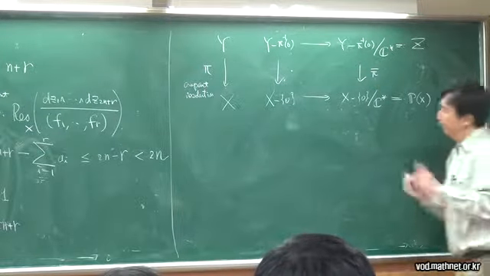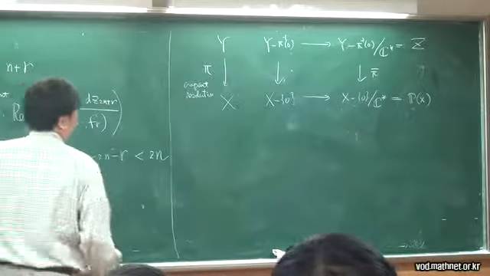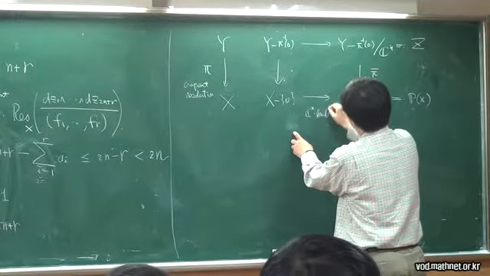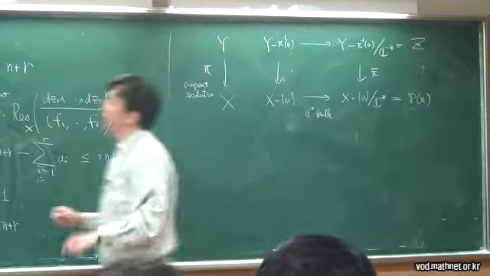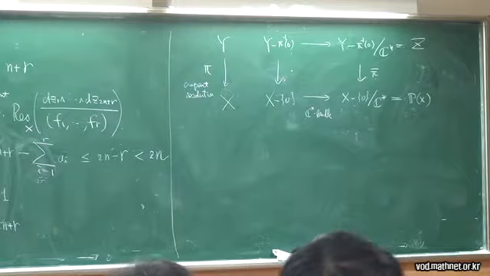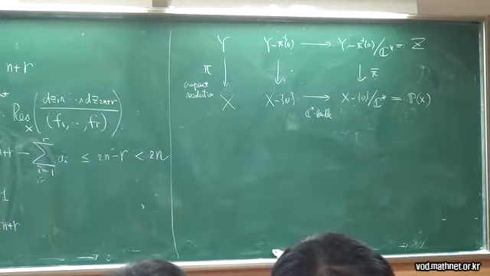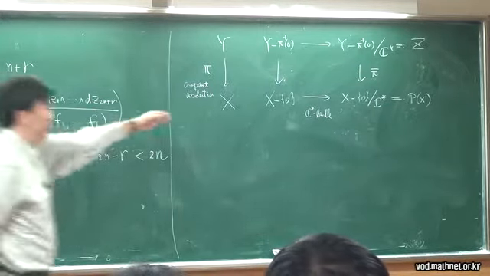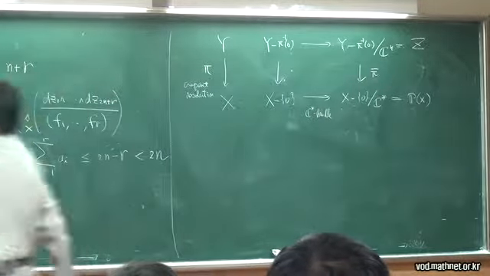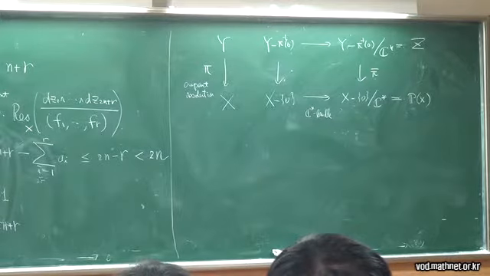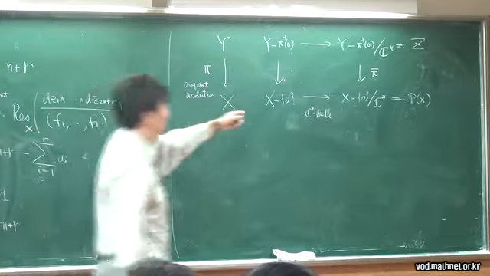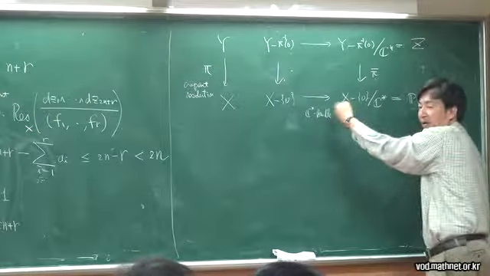Here, an important thing is that this is a C-star bundle, because in the action of C-star on X, each coordinate has weight 1, so it is a C-star bundle in the usual sense. But if some weights are different, then usually it is not a C-star bundle, just multiple fibers occur.